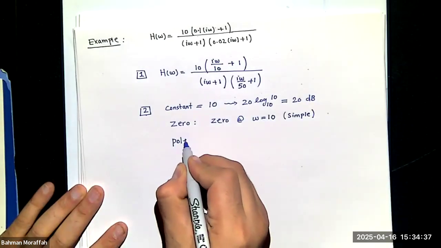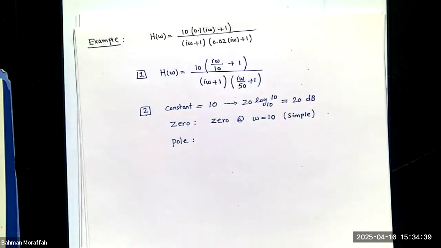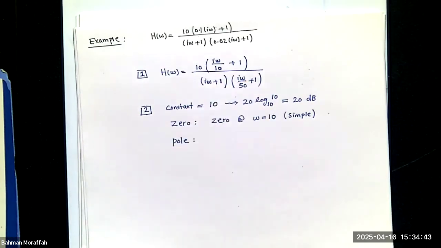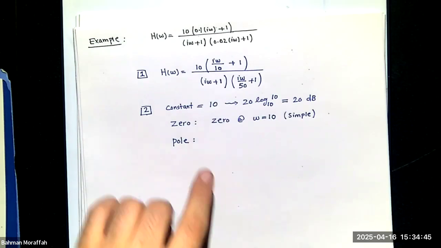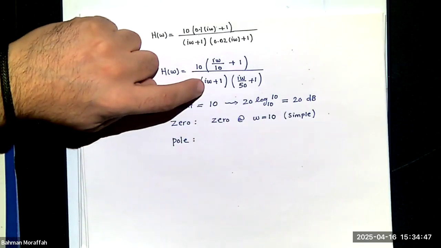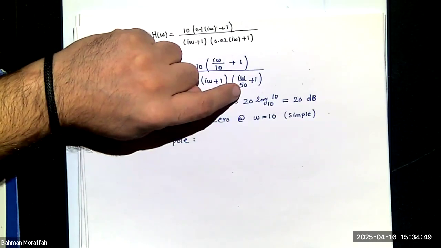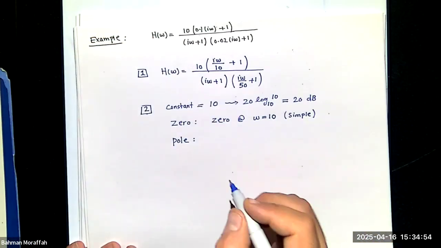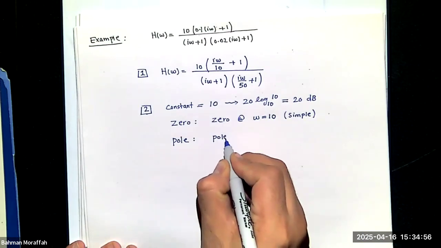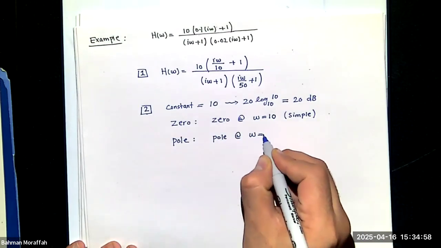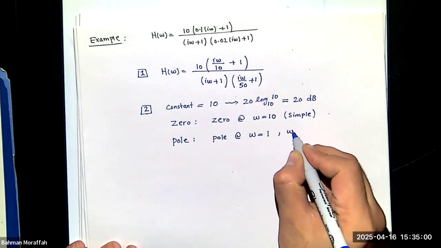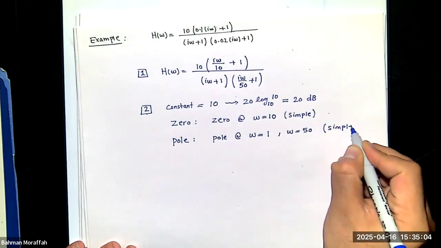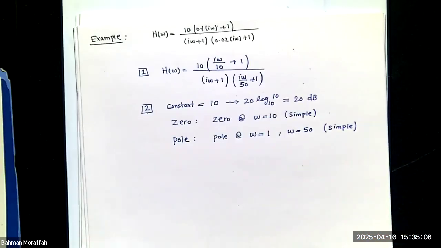The poles. Well, I have 2 terms in the denominator, so I have 2 poles. One of them is happening at 1. The other one is happening at 50. So I have poles at omega equal to 1 and omega equal to 50. And both of them are simple. Right?